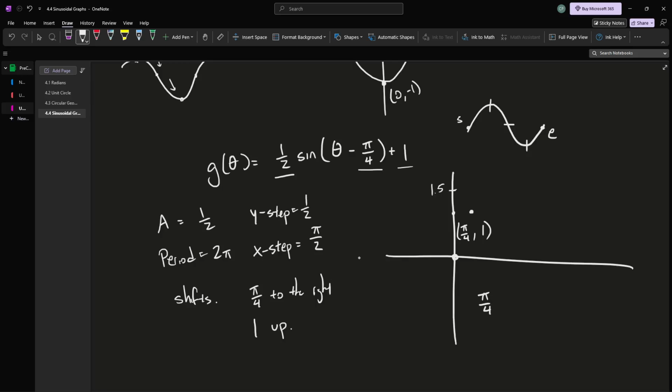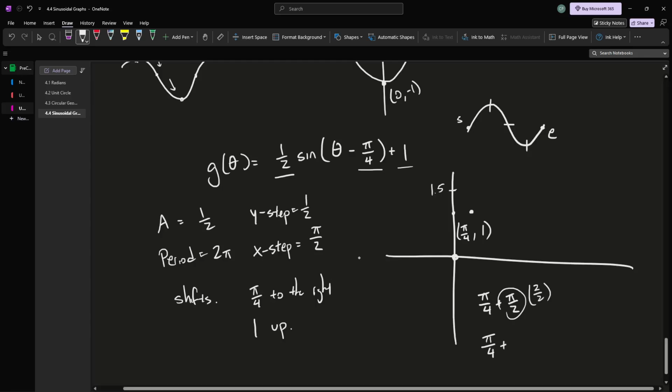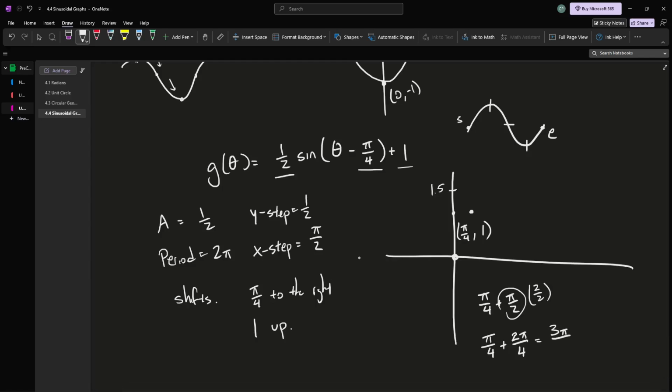Adding fractions, you need the same denominator. So I need to multiply pi over 2 by 2 over 2. Pi over 4 plus 2 pi over 4 gives me 3 pi over 4. We can ignore pi for now. So I have 1/4 plus 1/2. That gives me 3/4.